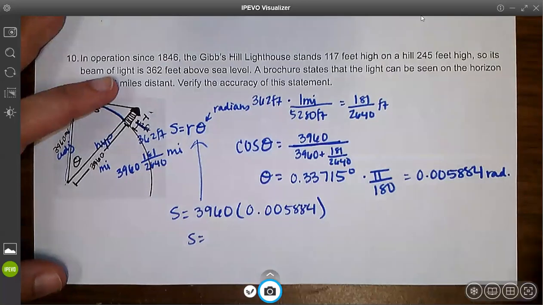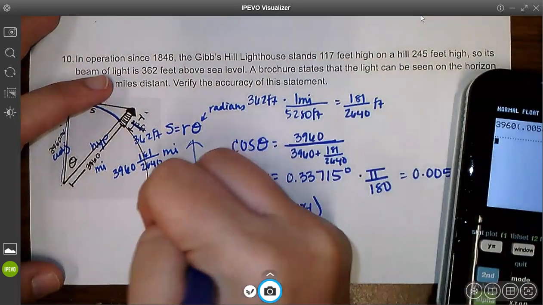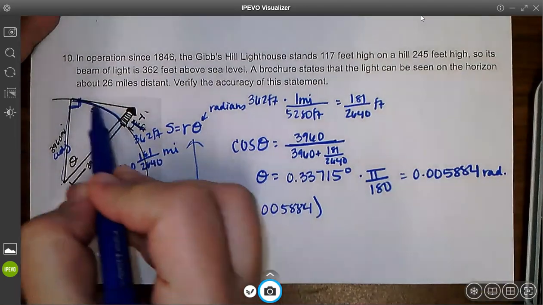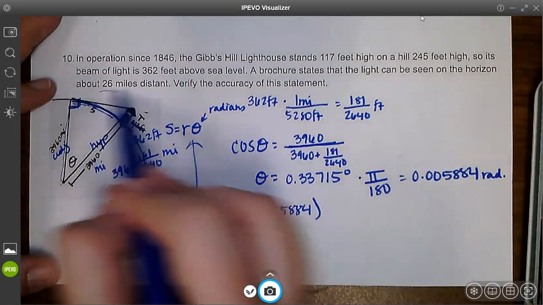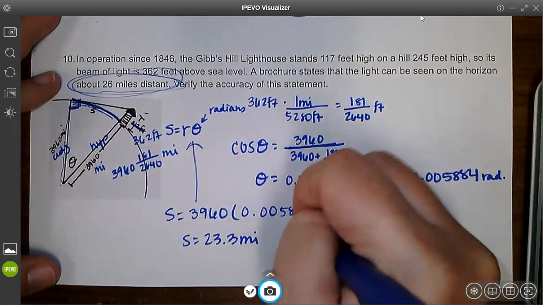So my arc length there is 23.3 miles. So since this arc length is 23.3 miles that you can see it on, you cannot see it 26 miles away. So this is not accurate.